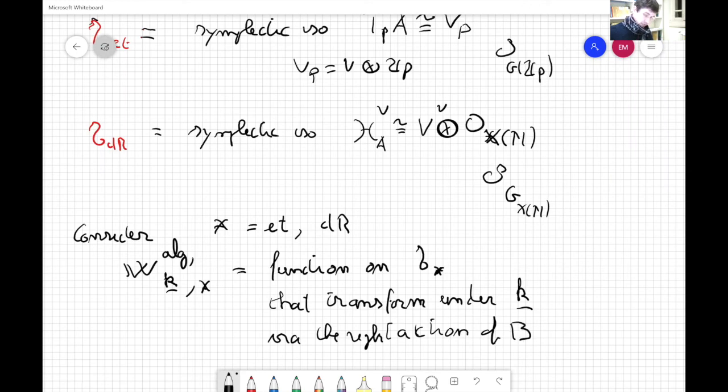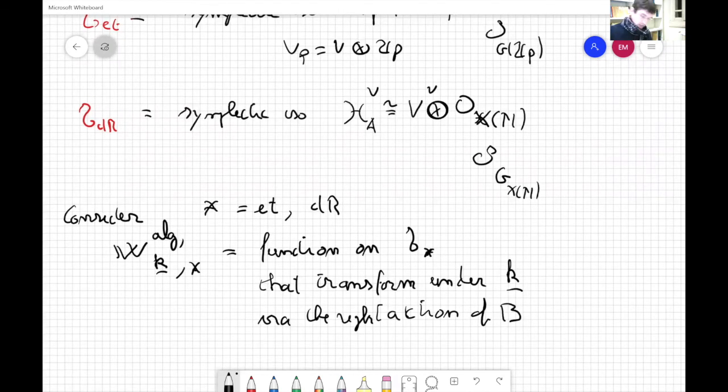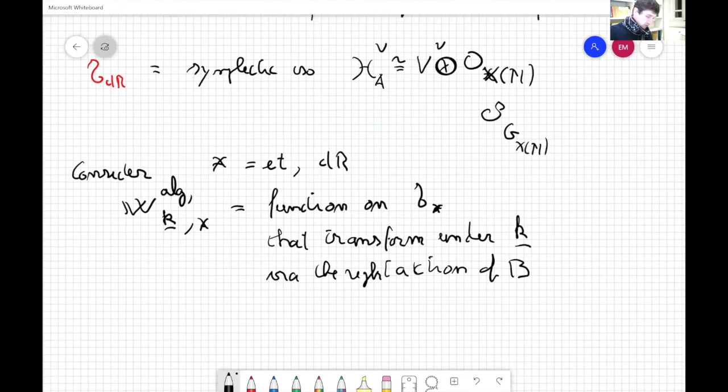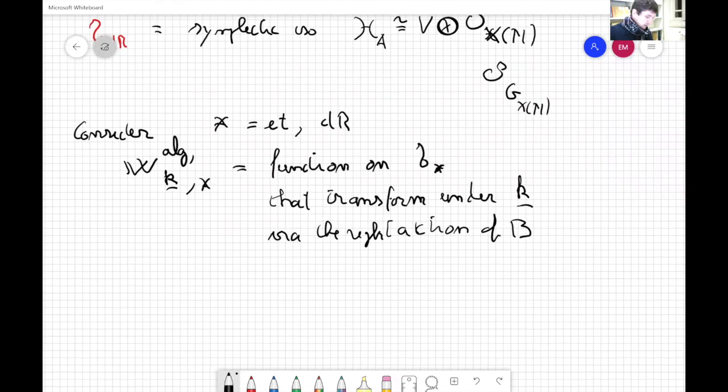And still, you see, in the etale case, you have a left action of the fundamental group, so you have a local system. And again, in the de Rham case, you have a connection, you have filtration, and so on. And okay, so locally, for example, in the de Rham case, this is an algebraic construction.